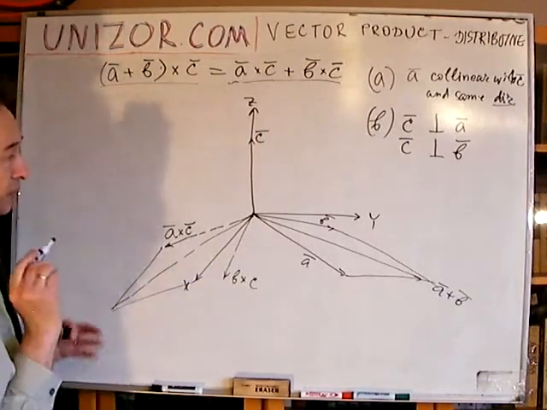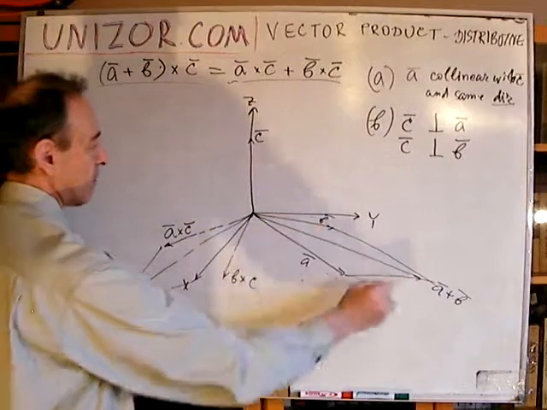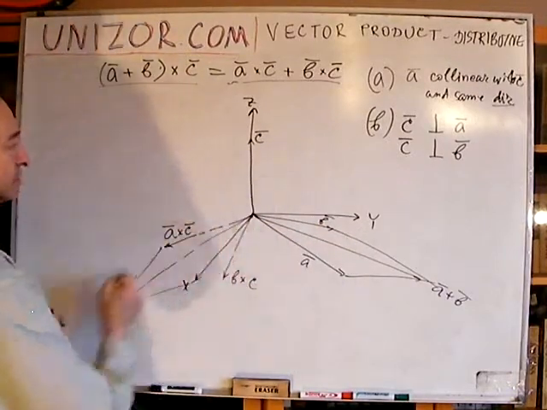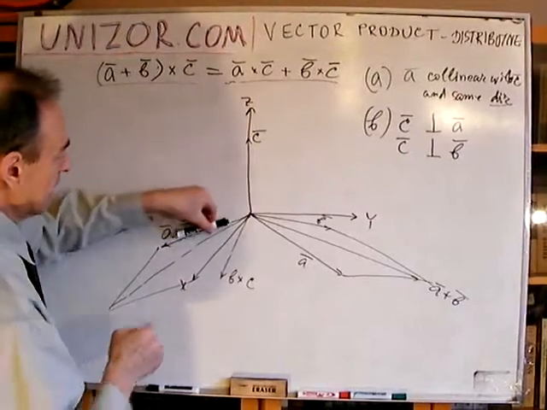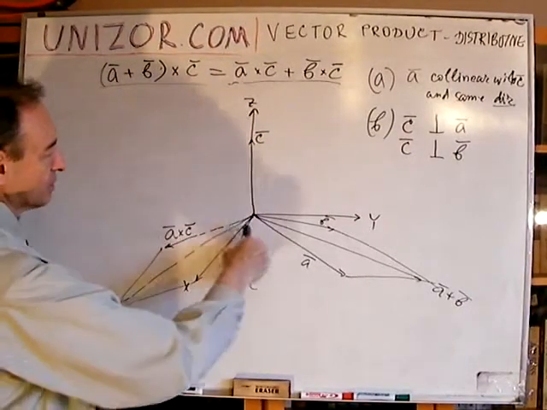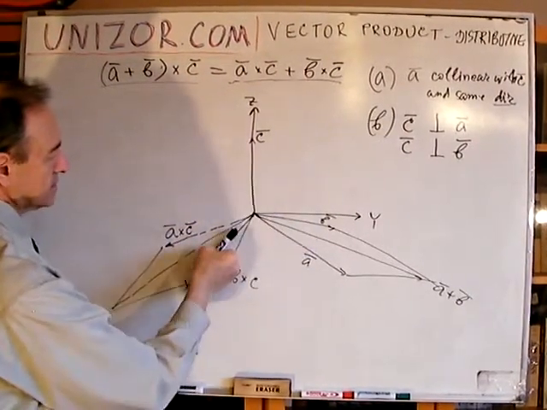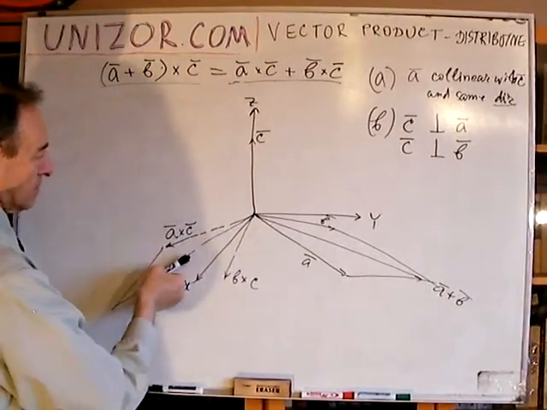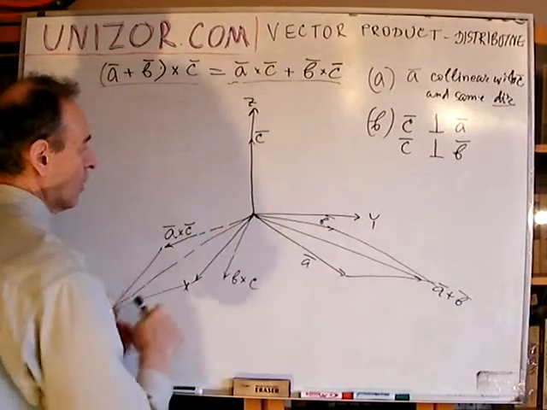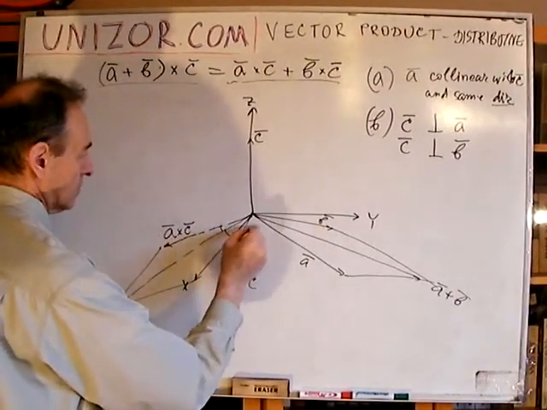Now, my statement is that this parallelogram is similar to this parallelogram. Why? Well, let's think about it. This side is 90 degrees from this one. This side is 90 degrees from this one. And this is also 90 degrees of this one. So all these angles are the same.